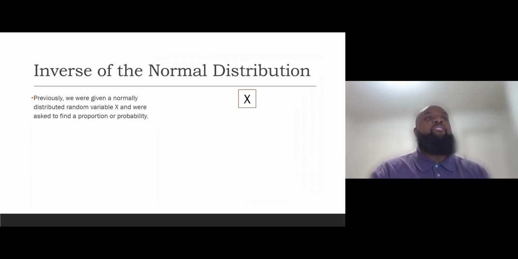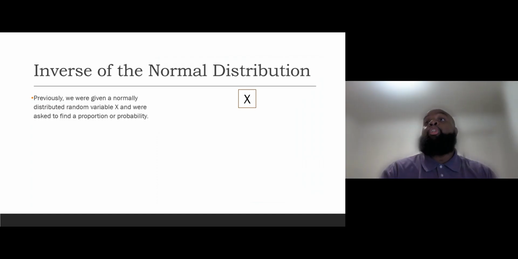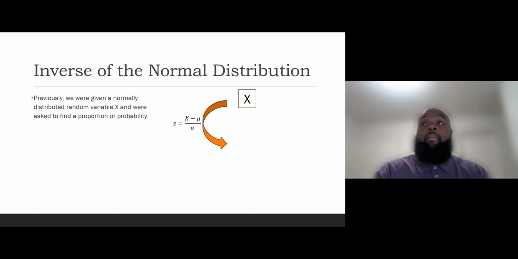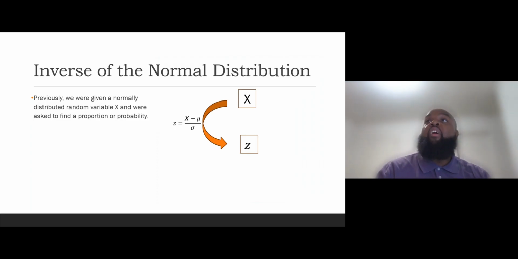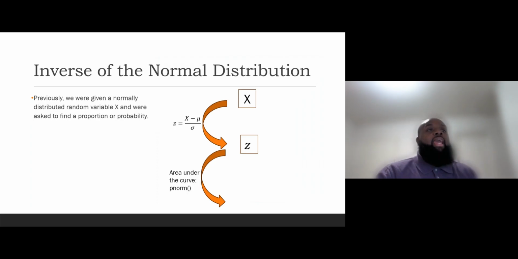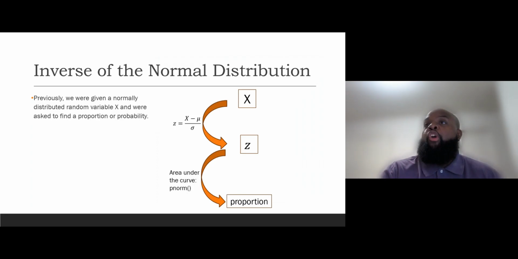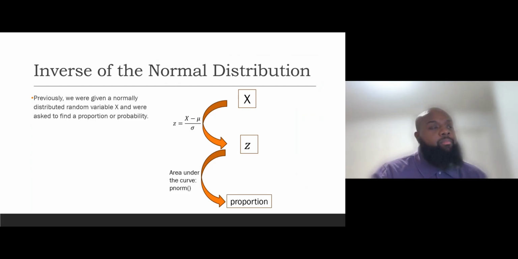So we start with that value and then we convert it to a z-score by using the formula z equals observation minus mean over standard deviation. And that will give us our z. And then we would use our computer technology to find the area under the curve covering those z values using the p-norm function in R and JASP, right? And that would give us the proportion or the probability that we were looking for.